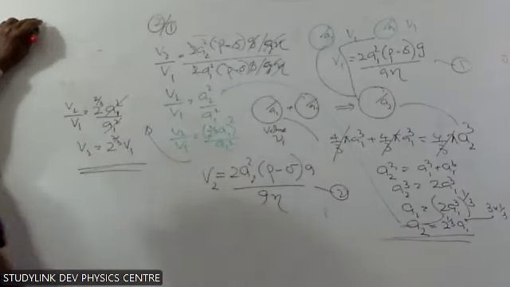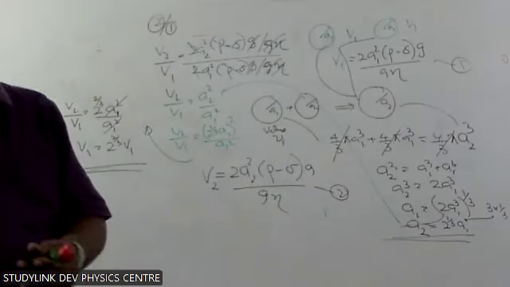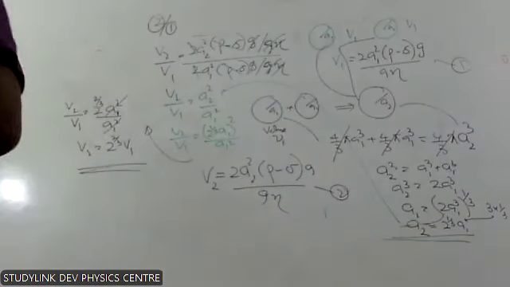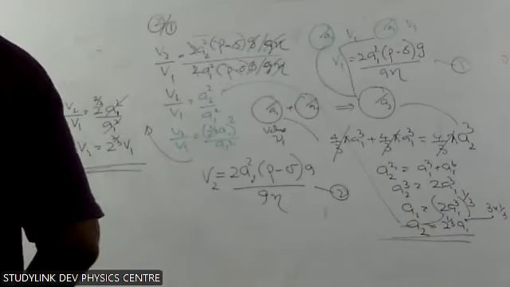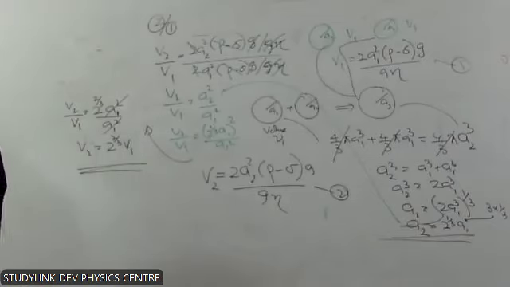Then you can get the answer. If any number of drops are combined, 2 or 3 like that, the addition of the volumes of all the drops or spheres is equal to the volume of the final one. Quickly write, note down.